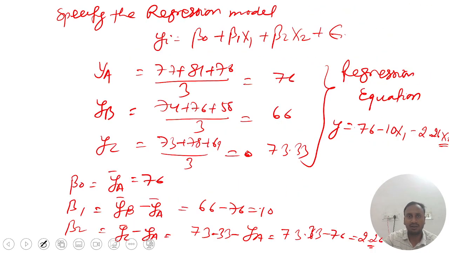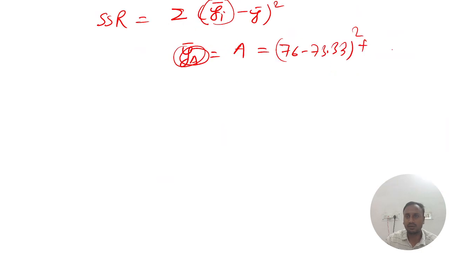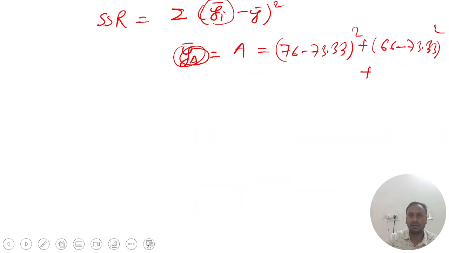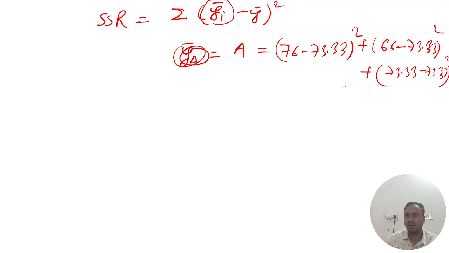Then the second group, 66 minus 73.3 whole square. Next, 73.33 minus 70.33. That will give the SSR a total value of 260.89.